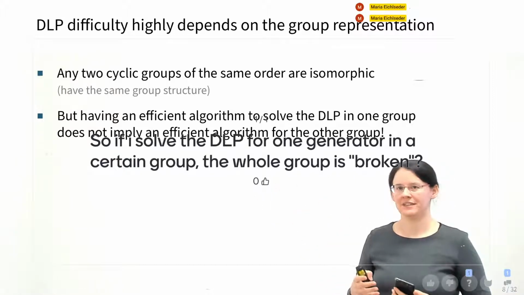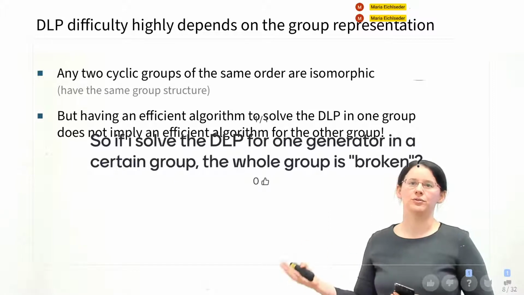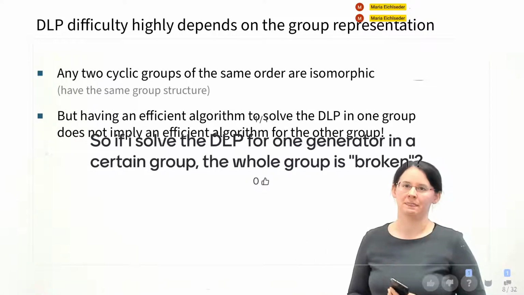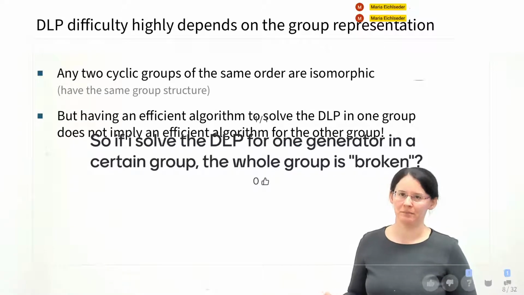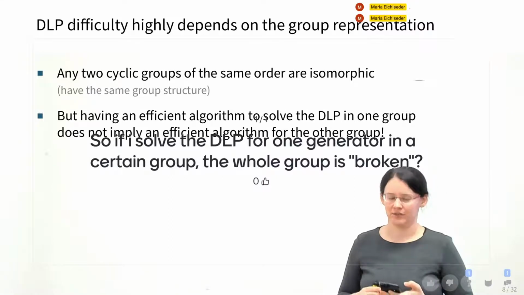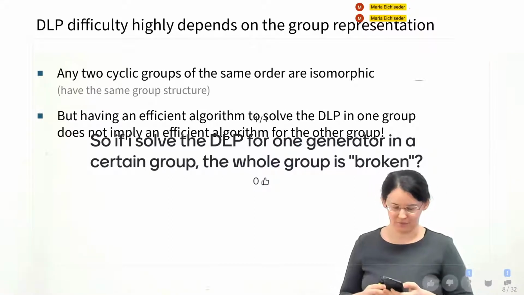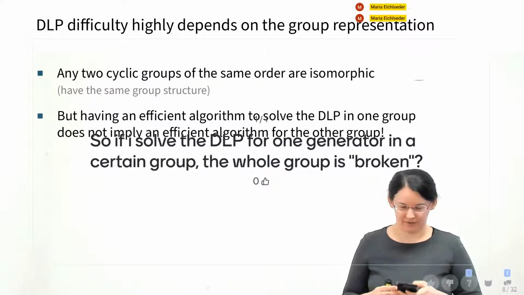Because as we saw on the previous slide, you can do it if you can solve two specific DLP challenges. So if you had just one random lucky success, that's not a problem. But if you have a general algorithm for one generator, then yes, you have a problem and the group is broken. Okay.